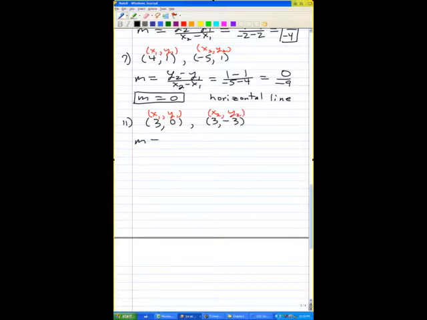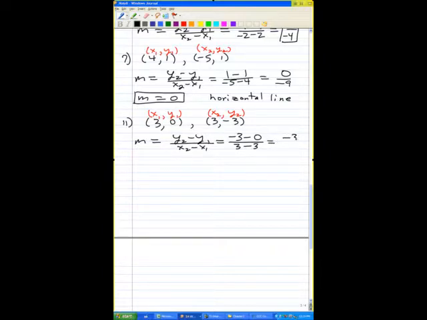So the slope, rise over run, y2, negative 3, minus y1, 0, over x2, 3, minus x1, 3.